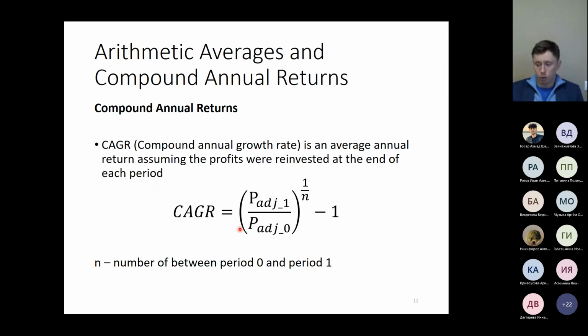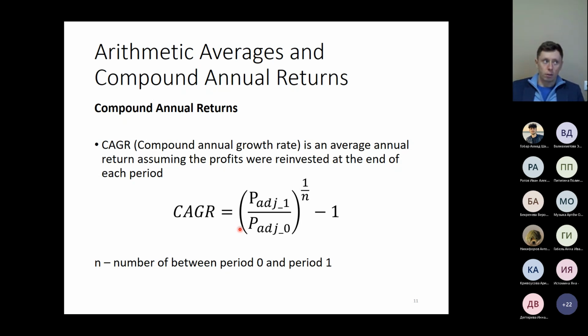Any of these periods, we can have holding period return for 20 years, holding period return for 10 seconds. It doesn't matter, all of those we call holding period return, we just should clarify which period we mean.